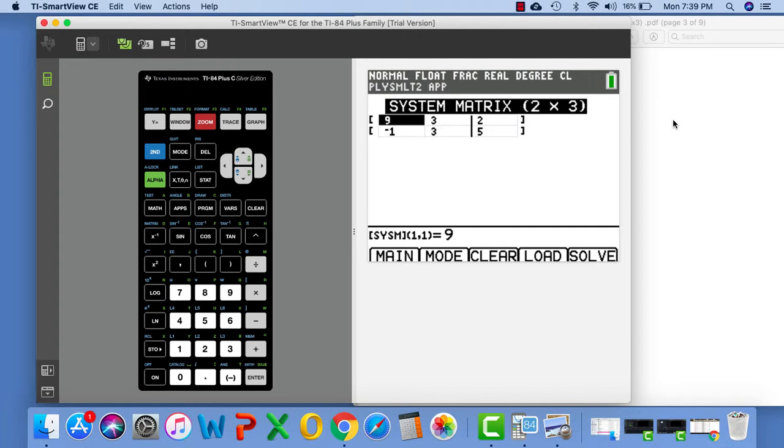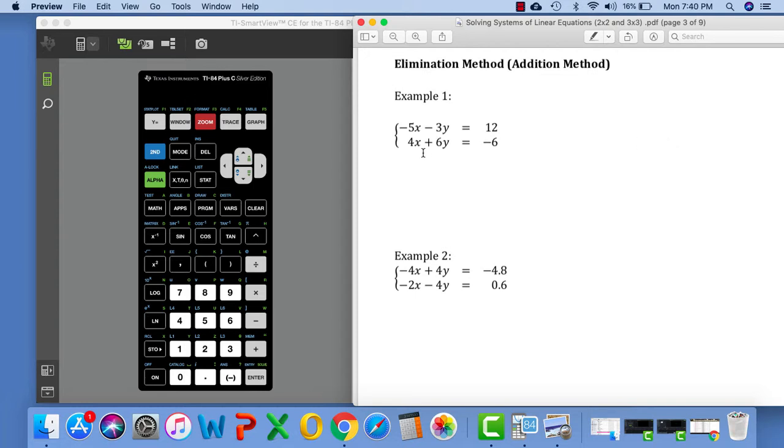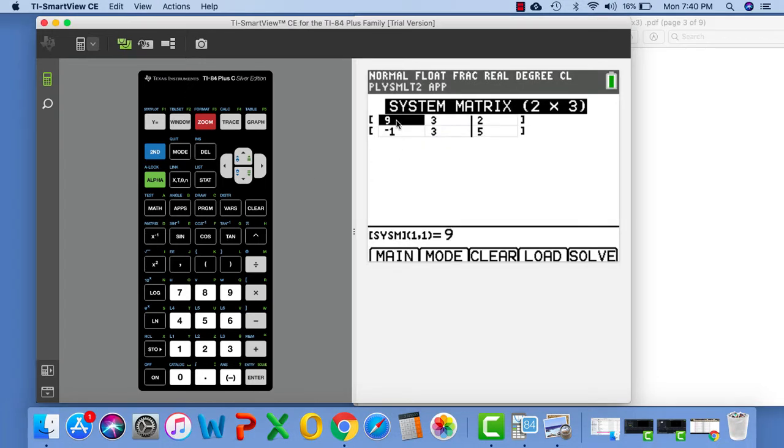And then I can go through and enter in all of my coefficients for the system. Now my x's are lined up, my y's are lined up, and my constants are lined up. So I make sure that I put them in the right squares in the matrix. So across the top, I have the coefficients -5, -3, and 12.